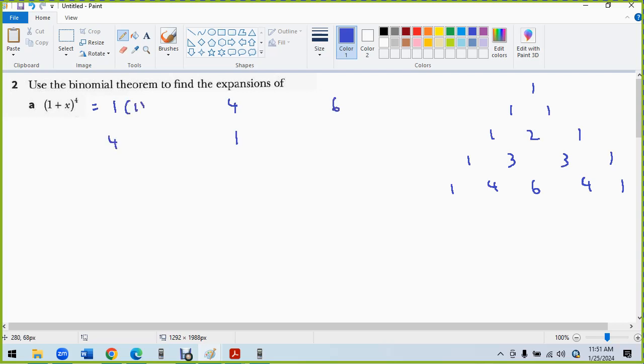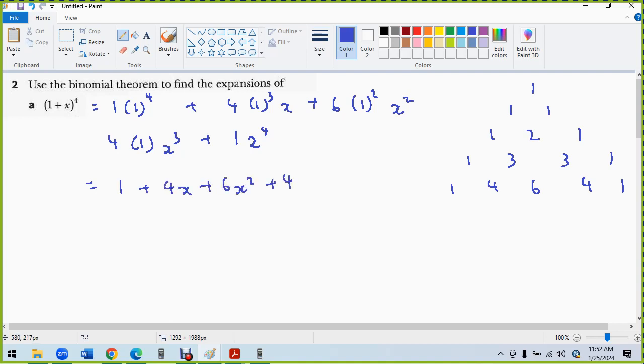Then we have 1 power 4, 1 power 3, 1 power 2, 1 power 1, and then we don't have 1 here. x power 4, x power 3, x power 2, x power 1. Then we don't have the x here. So it will be 1 plus 4x plus 6x squared plus 4x power 3 plus x power 4. Okay.